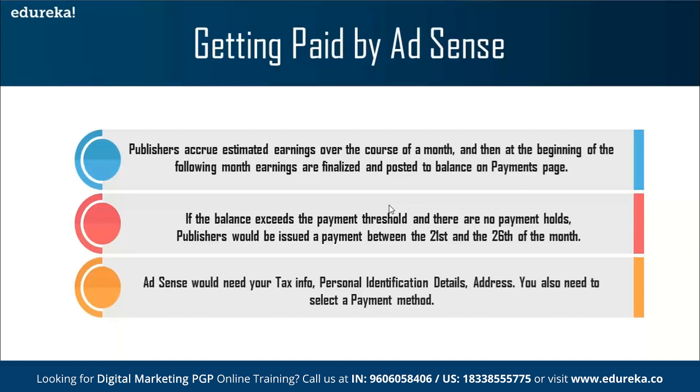Let me give you an example. Let's say Josh Furniture starts displaying ads using Google AdSense. They accrue estimated earnings throughout the month of July. Let's say the payment threshold for their account is $100, which is the default for a lot of publishers. For the month of July, it will all be calculated and accrued. By August 3rd, they will see their July finalized total earnings credited to their AdSense payments page.